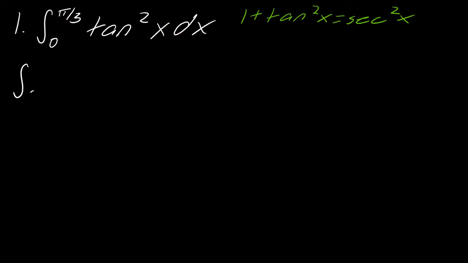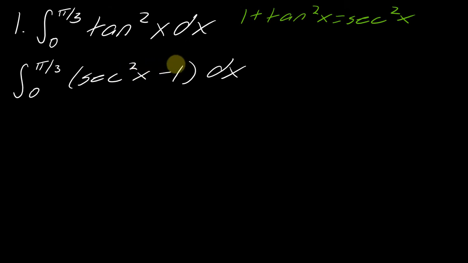I'm going to rewrite this then. I still have the same limits of integration, but now this is going to be the integral of secant squared x minus 1 dx. Notice, since now this has two terms, I had to put parentheses around this. That's proper math. And now I can totally integrate this, right? This will become tangent x minus x.